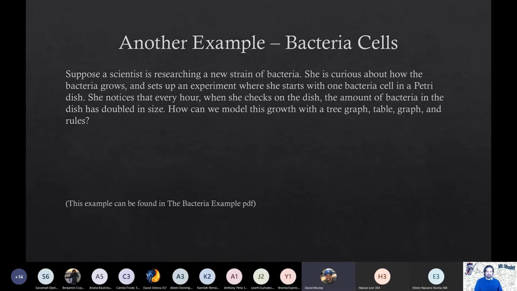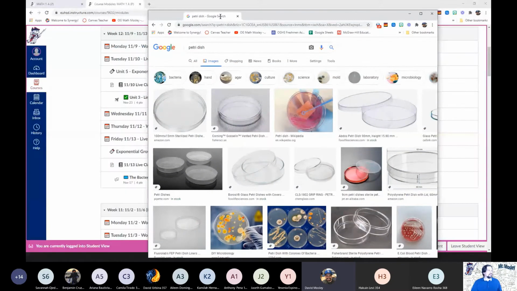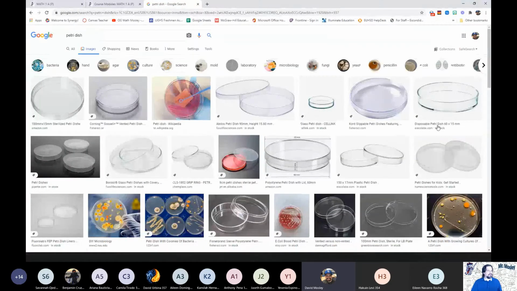Let me find a picture. Here, let's use this. So these are petri dishes. There's these little circular dishes that biologists use to culture bacteria and things like that.